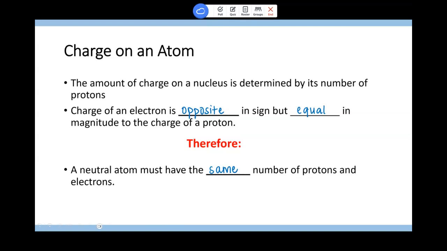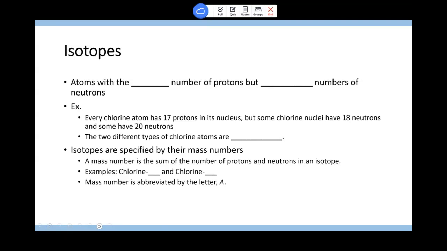Another thing that could change: we can change the number of electrons for a given element. We could also change the number of neutrons, and that results in isotopes. Isotopes are atoms with the same number of protons, but a different number of neutrons.